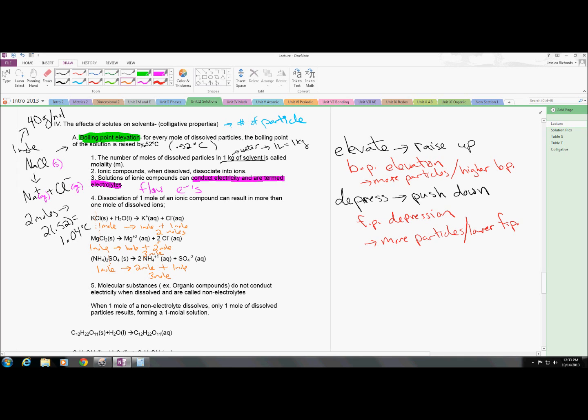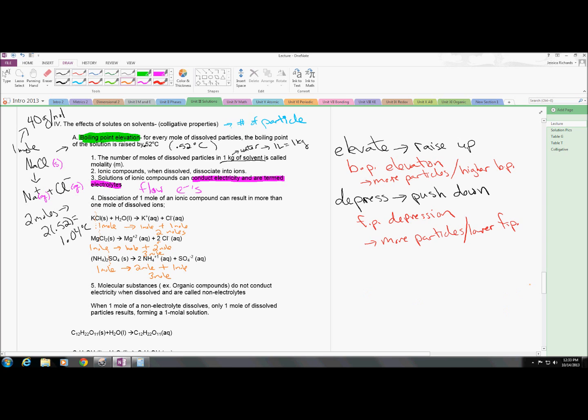The polyatomic ions stay bonded together. The polyatomic ions do not split apart, they stay bonded together. Remember that, because this magnesium chloride and the ammonium sulfate would have the same effect on our solution, even though it looks like the ammonium sulfate is made of more pieces.